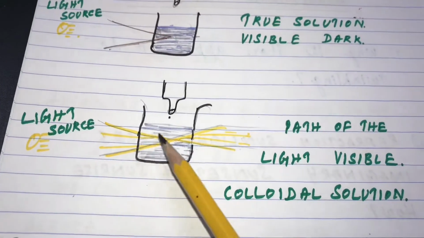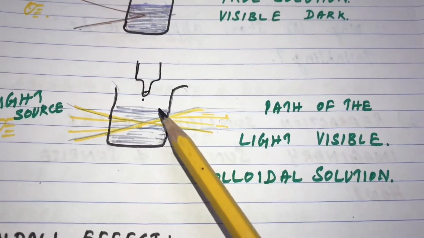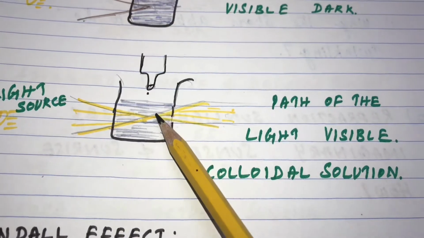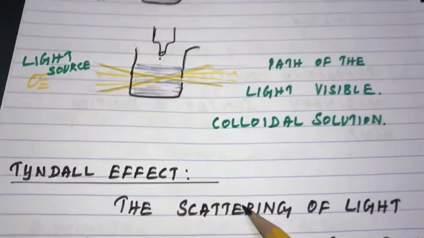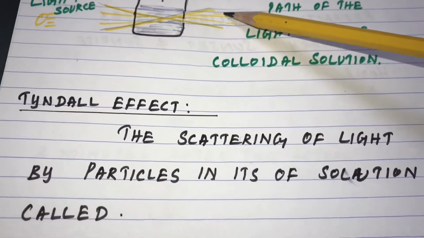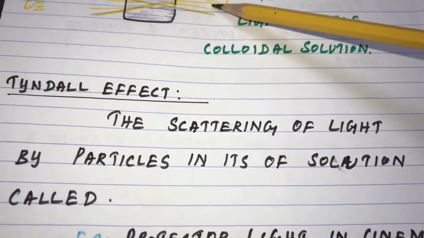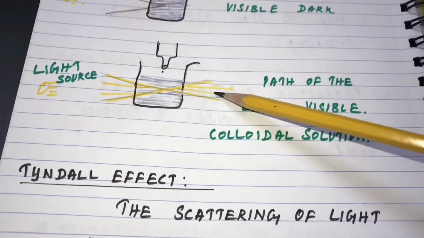Why is the path visible? Because the colloidal particles scatter light. So the Tyndall effect is the scattering of light by particles in its path or solution.